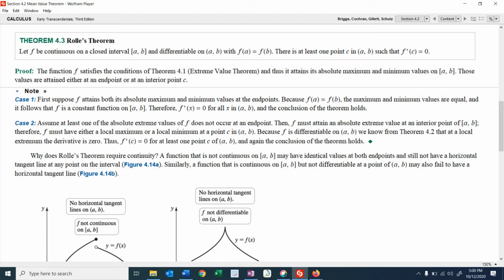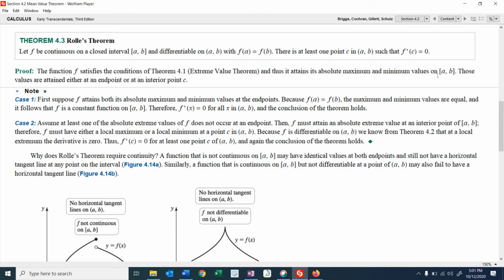The condition of the extreme value theorem is that f is continuous on the closed interval from a to b, and the conclusion is that if that happens, then the function must attain its absolute maximum and minimum values on the closed interval from a to b. Okay, so we know that. But we also know that absolute maximums and absolute minimums can only occur in one of two locations. They either occur at the endpoints of the domain of the function or the interval that you're working with.